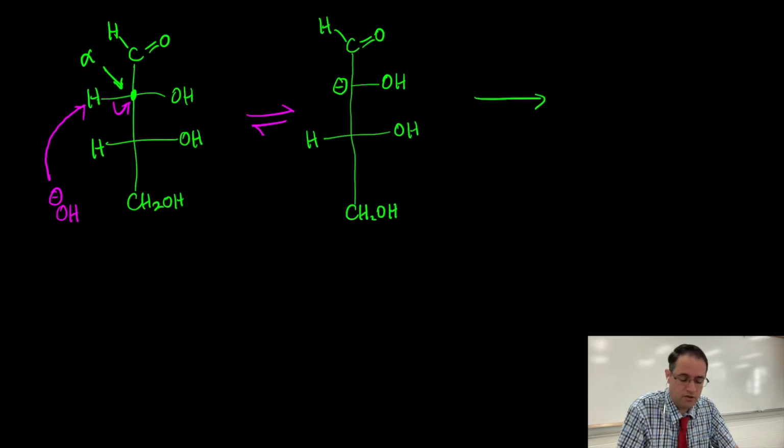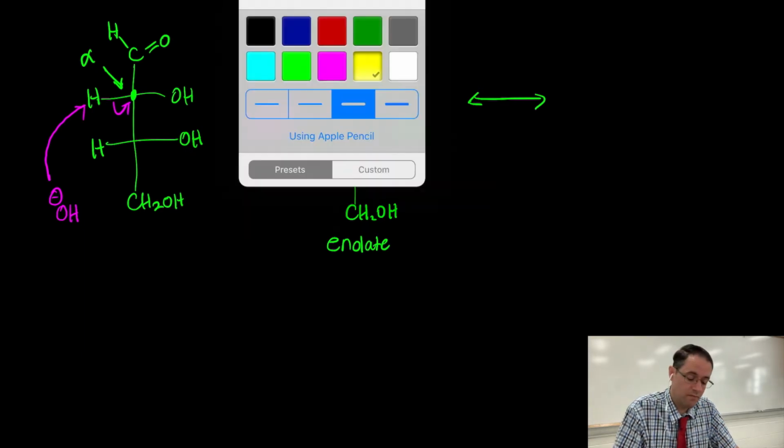And another way to draw this enolate, this is an enolate, is with the negative charge on the oxygen atom. So draw the electrons moving up this way, and this is resonance.